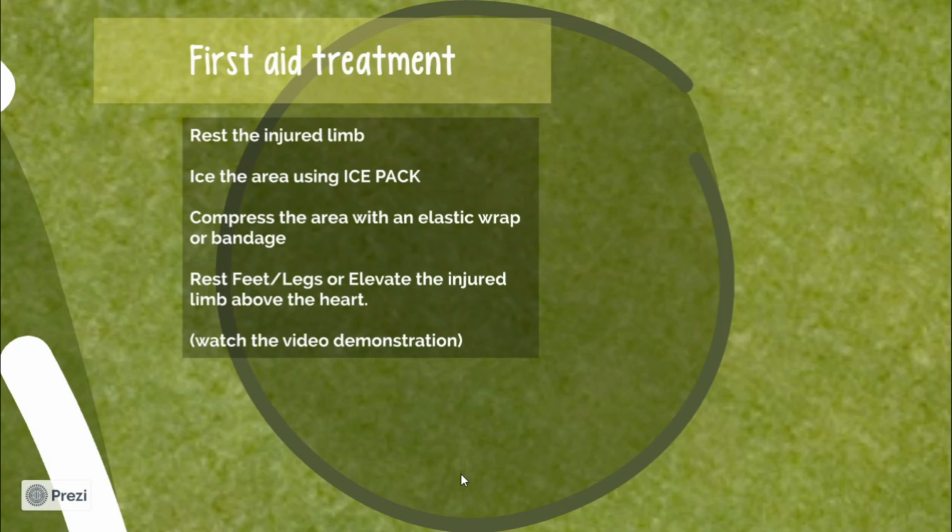Okay, next, you need to rest the feet or the legs if ever the injury is on the feet or legs, or elevate the injured limb, for example your arm. Make sure that it is above the heart position. Okay, so I have here a video demonstration on how to treat a sprain and strain if ever a person suffers from this injury. Okay.